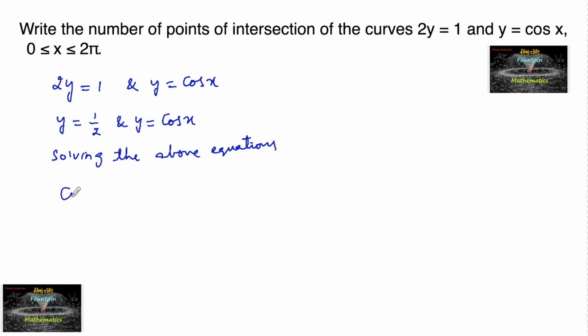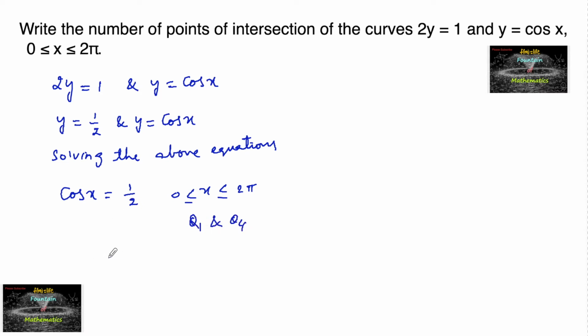So we have cos x is equal to half, and for x belonging to 0 to 2 pi, cos is positive in the first quadrant and in the fourth quadrant.